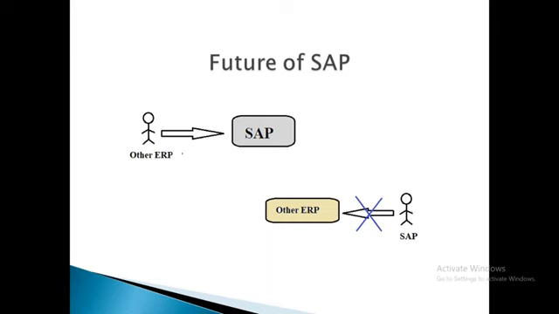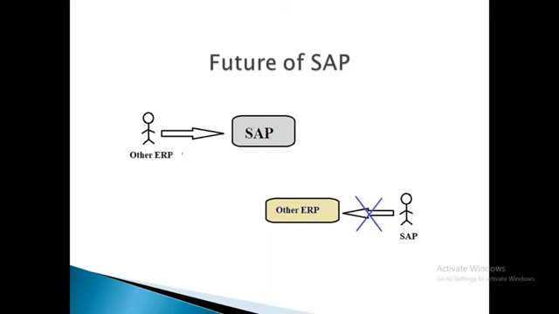You will find people shifting from Java to SAP, .NET to SAP, and from sales domain to SAP. Like that, you will find people shifting from other areas to SAP. But you will never find people shifting from SAP to other areas. That is the best example for the future of SAP.